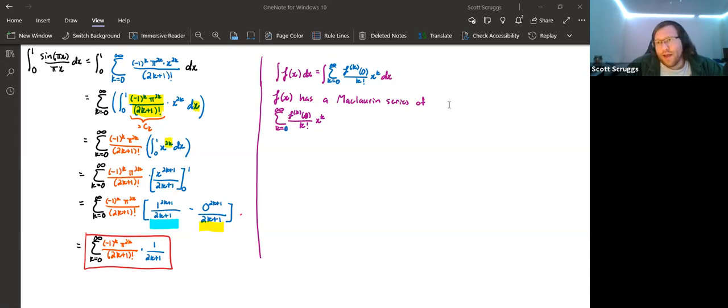And that's nice because this is a Maclaurin series, I can move the integral inside the series and integrate term by term, giving me this guy, to give me something more meaningful from it.